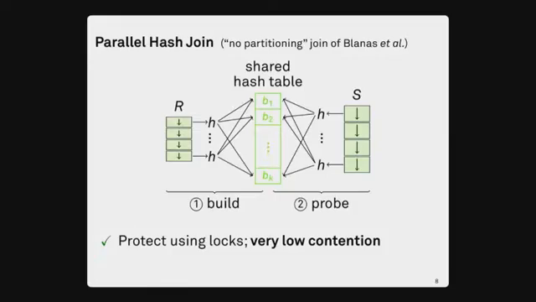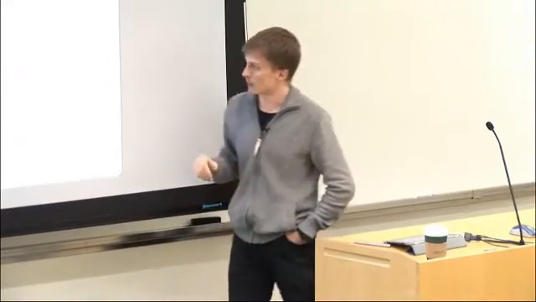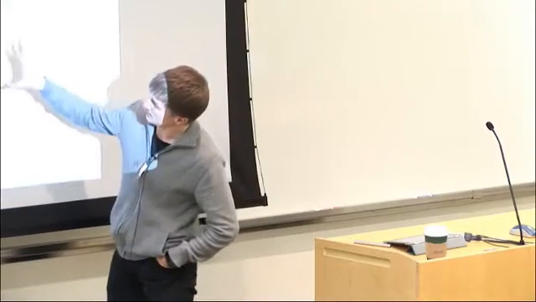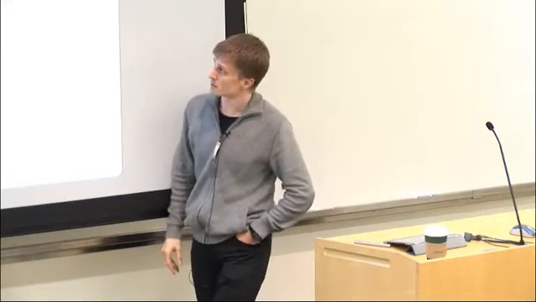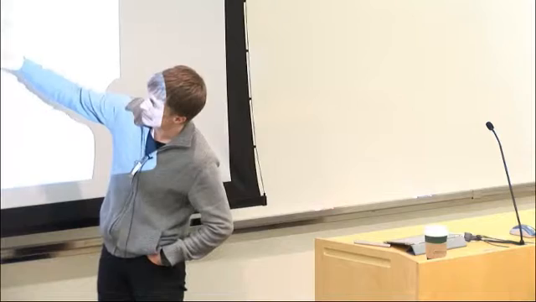Again, hash join is nice because it's so nice to parallelize. What we're going to look at is of course modern hardware, so that includes multi-core parallelism. This slide shows that hash join is basically trivial to parallelize.